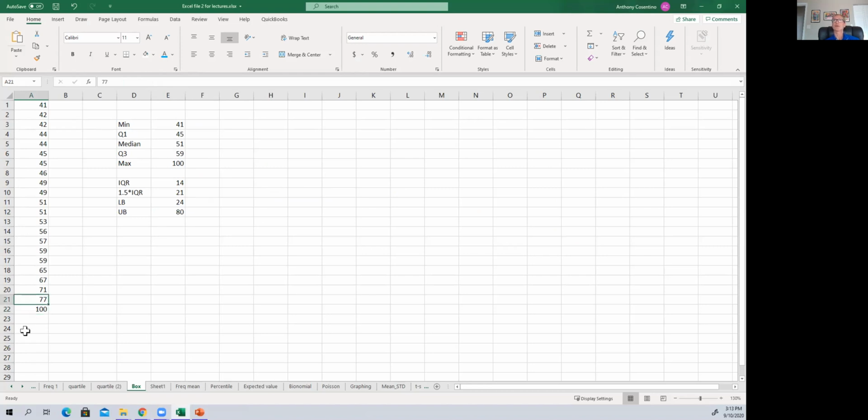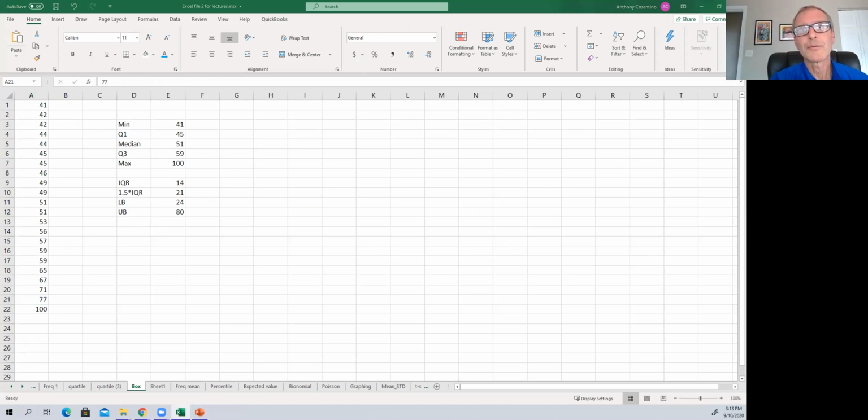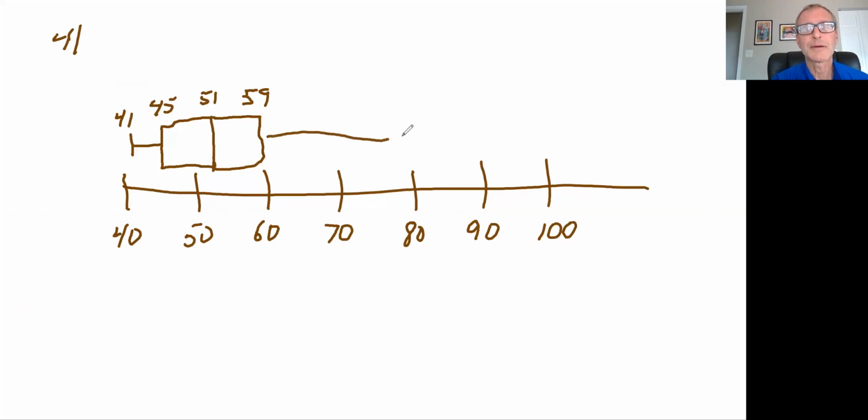And so the high end is going to be 77. So when we go back here on the whiteboard, we would go all the way to here, and that would be 77. So that's how you generate these 5 numbers and then the box plot.